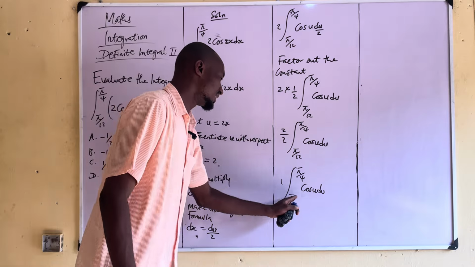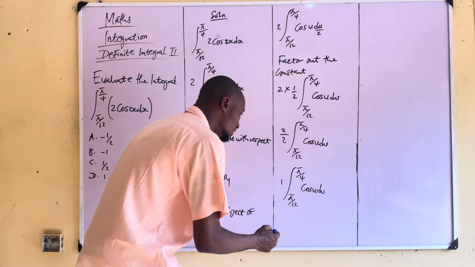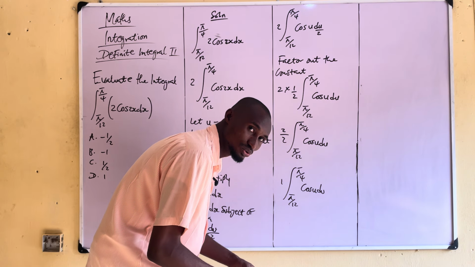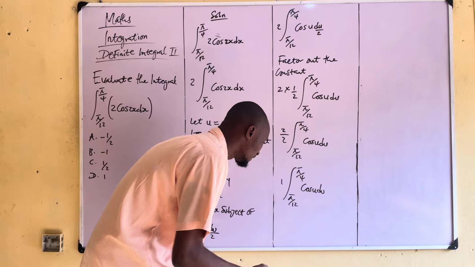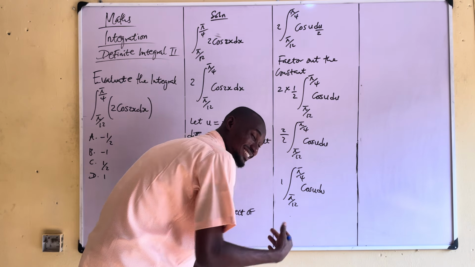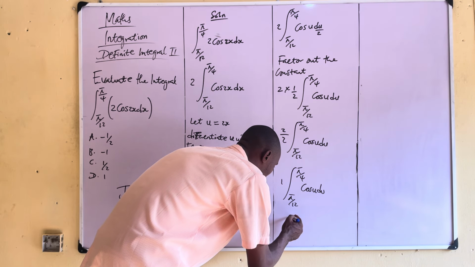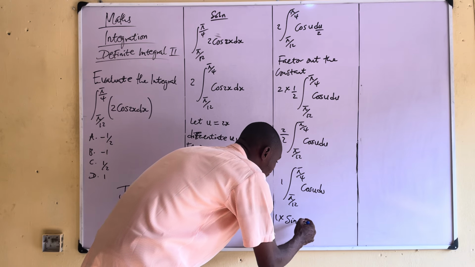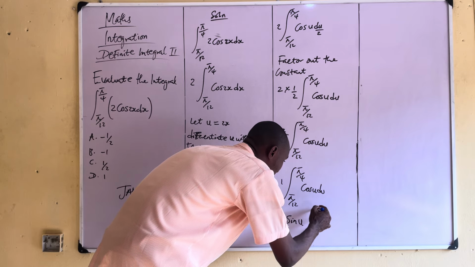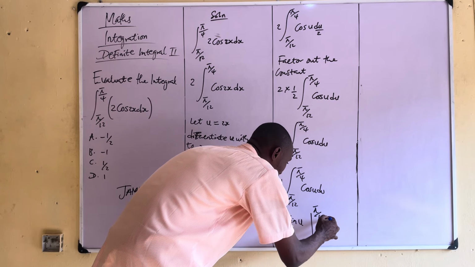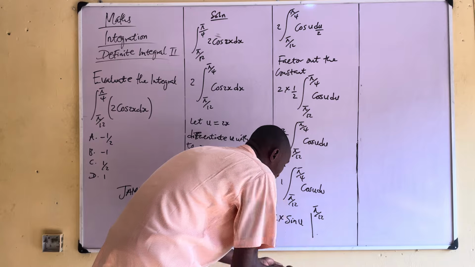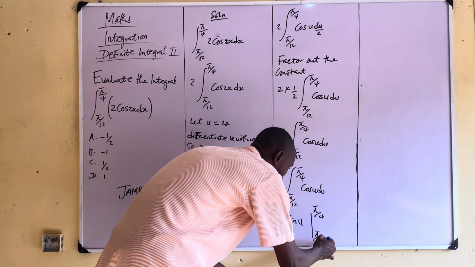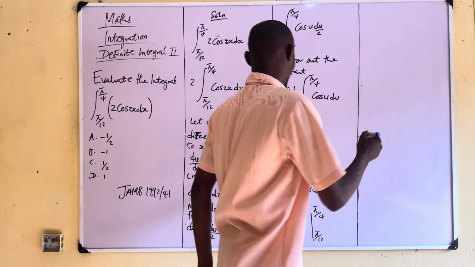Now, the next step, the integral of cos u. Remember I told you the integral of cos u will give you sine u. Do you understand now? You have 1 times sine u, then a vertical sign indicating the upper limit pi over 4 and the lower limit pi over 12.